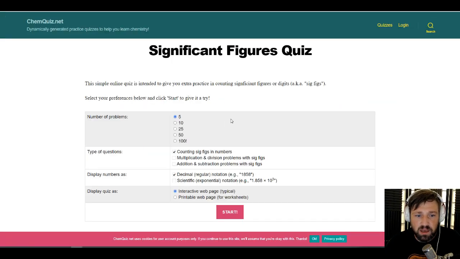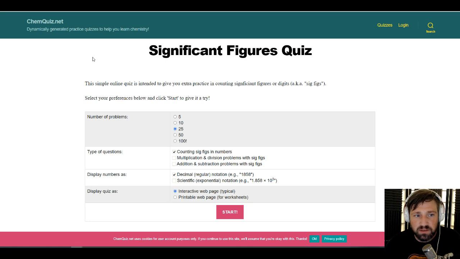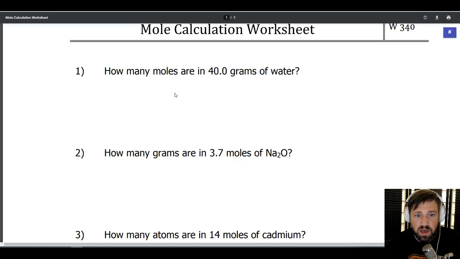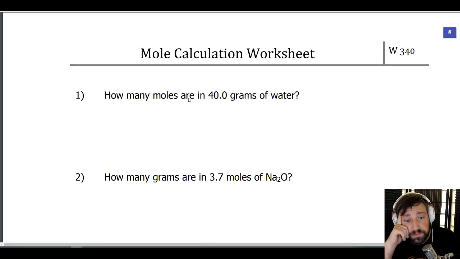After that, I know some people had some problems with sig figs, so I figured I'd go through and run through some significant figures. And then after that, for all the AP people out there, we went through going from grams to moles to atoms.